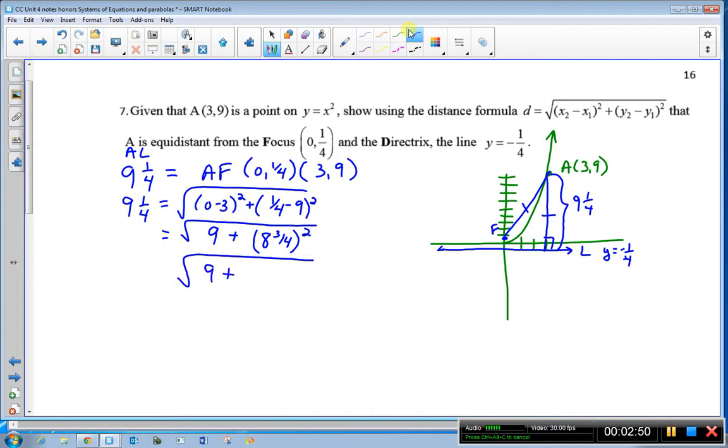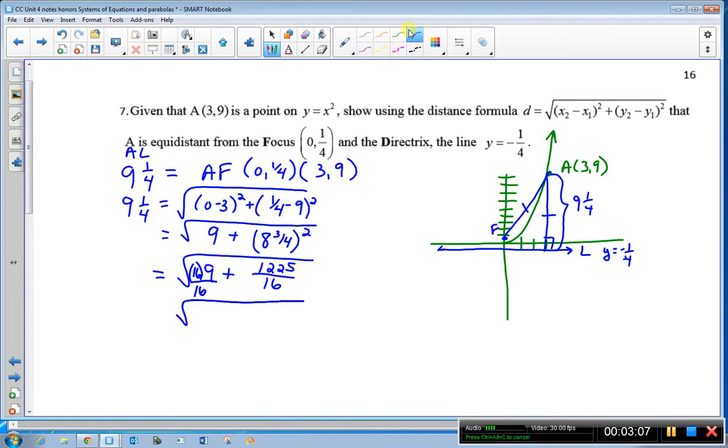And so that's 9 plus, I got 1225 over 16, when I did 8 3/4 squared and put it as a fraction. So then I made this 16 over 16.